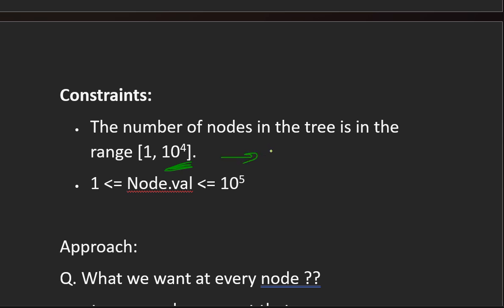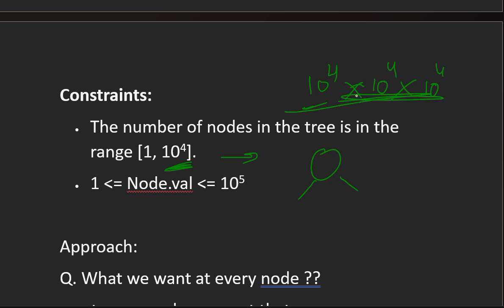So maybe initially you are thinking of taking each node and trying to make a binary search tree and then checking if it is balanced or not. But the time complexity will be very large in this question, because checking for all the 10 to the power 4 nodes, then making a tree from those nodes again takes 10 to the power 4, and then checking if it is balanced or not again 10 to the power 4.